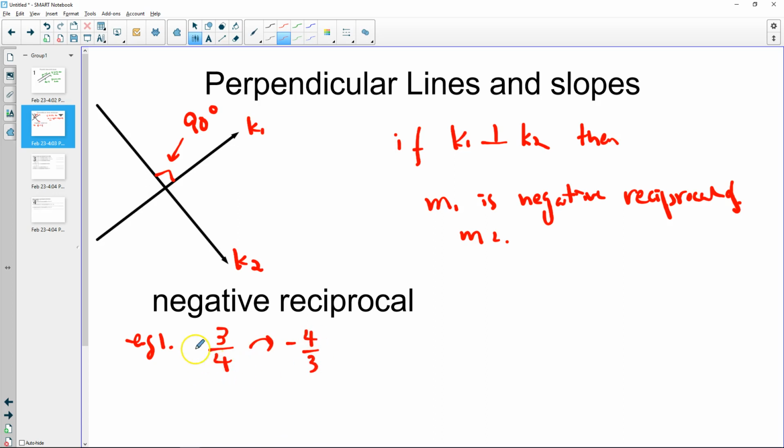You put the negative in front of your original slope, and then you flip the number. Reciprocal is flipping the number. Example 2: let's say I started off with negative 1 over 2. The negative reciprocal of this is going to be 2 over 1, or simply put, just 2. Okay? Then example 3.